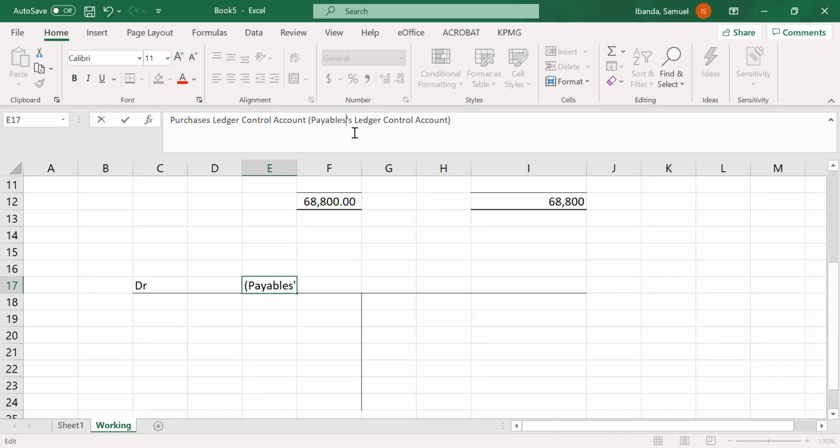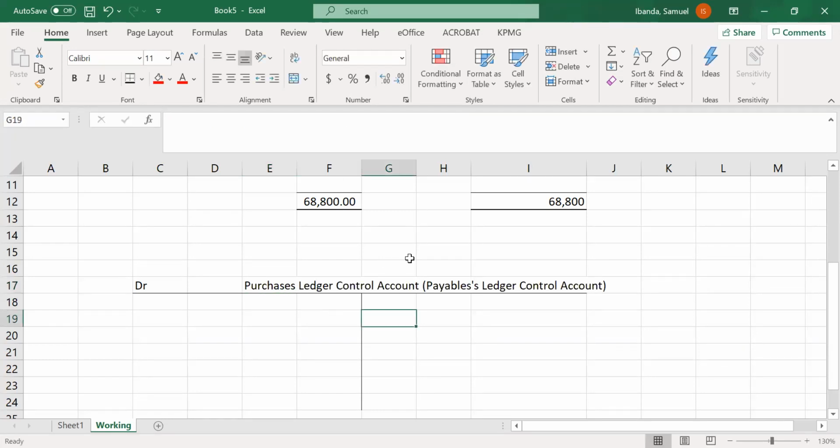So once we have our payables control account, we can now be able to determine our purchases as we are looking for them. So this is what you're now going to do. We are going to use the information we have.